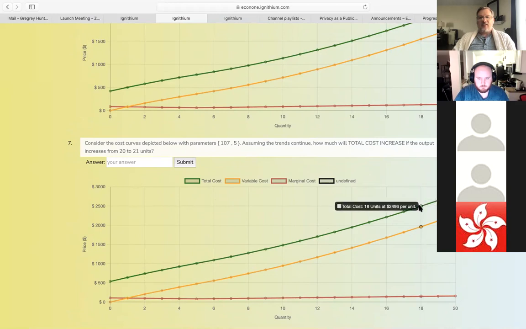So it looks to me like we probably have something like a linear component to our total cost curve. I guess I'm just guessing here. So it increases by that amount, and then by that amount, and then by that amount. So it's asking us to project if it was to go one more unit, where would it go? I think you all can figure that out if you examine it carefully.